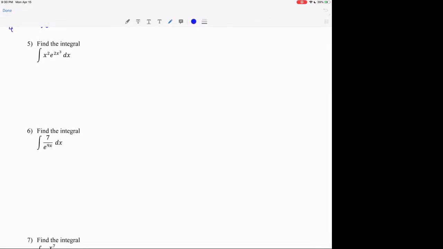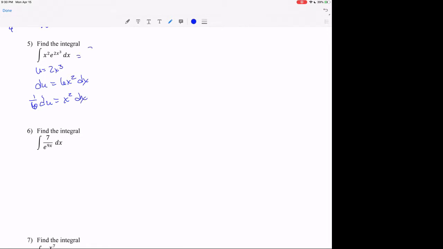All right. So here, u equals 2x cubed. So du equals 6x squared dx. So 1/6 du equals x squared dx.